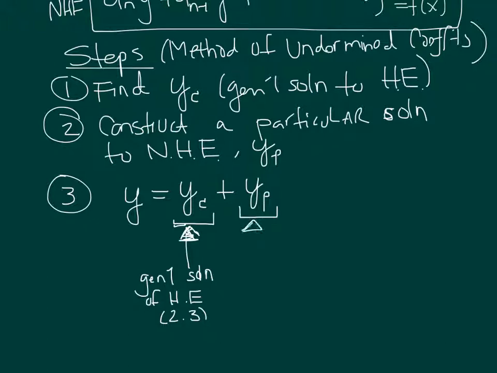And this is the new part: y sub p is going to be the particular solution to the non-homogeneous equation. In 2.3, this guy was gone. If you looked at initial value problems, you found the coefficients, but it was to the HE, not the NHE. Okay, that's where I wanted to stop, and I'll do specific examples in the next video.